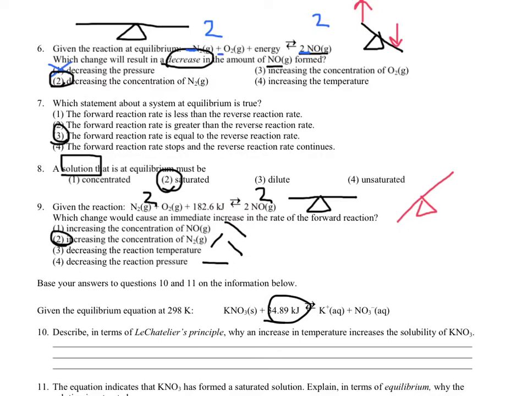And because the forward reaction is endothermic, it will absorb the heat and make more products, dissolved potassium nitrate. So, increasing the temperature shifts equilibrium to the right, thus causing more solubility for the potassium nitrate.